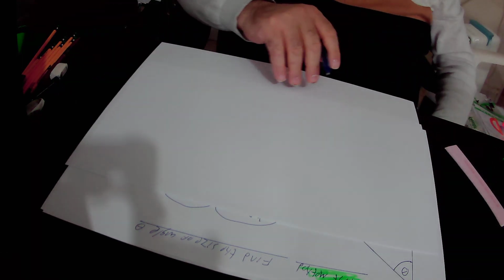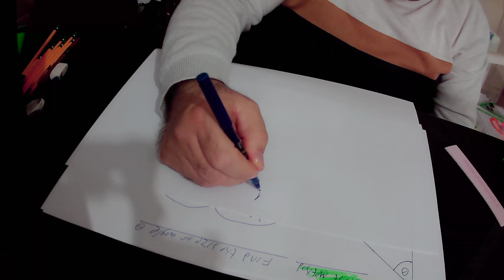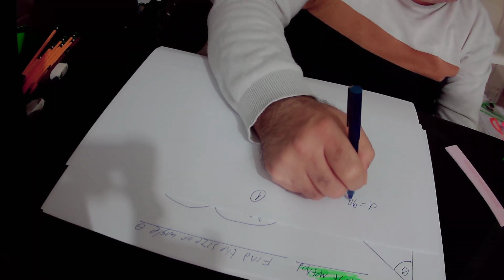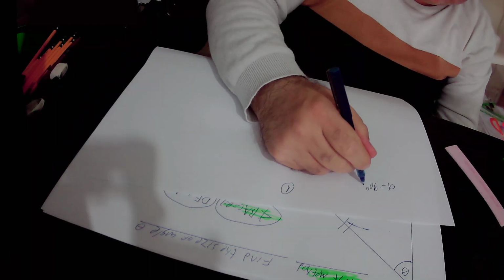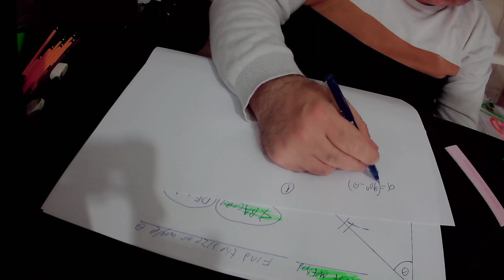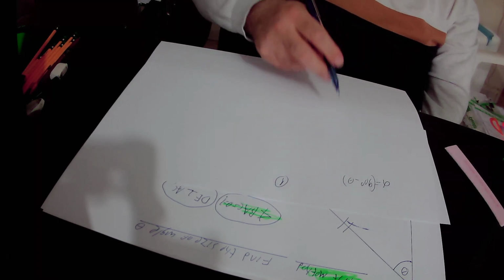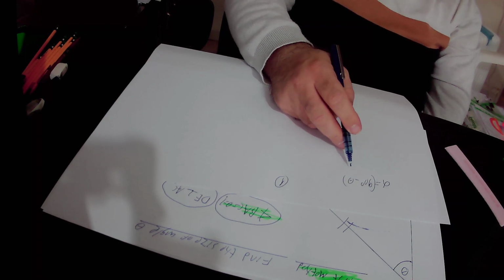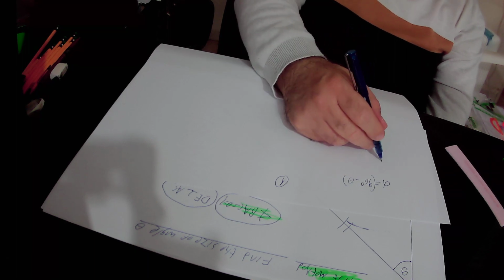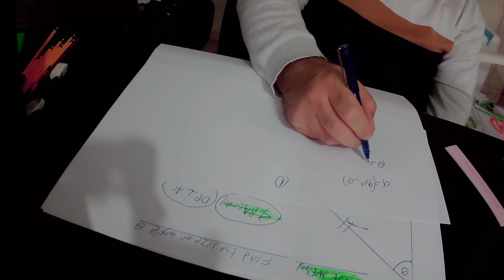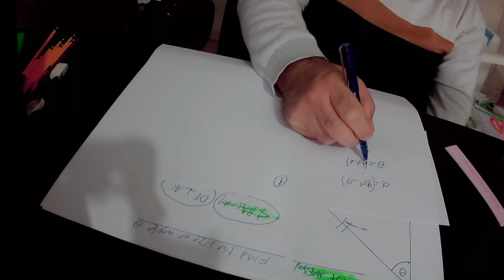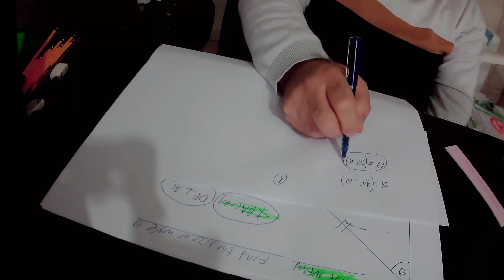Angle alpha is equal to 90 degrees minus theta. But if angle alpha equals 90 degrees minus theta, we will add theta to this equation and subtract alpha, and we will get that angle theta equals 90 degrees minus alpha. Okay, angle theta equals 90 degrees minus alpha.